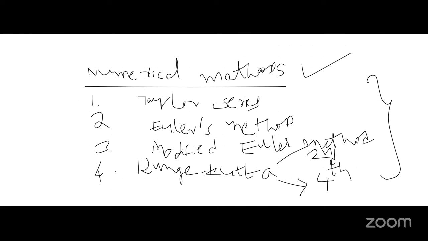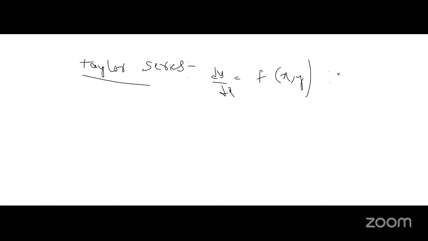Consider the first order differential equation dy by dx equal to f of x comma y, and the initial value y of x naught equal to y naught.